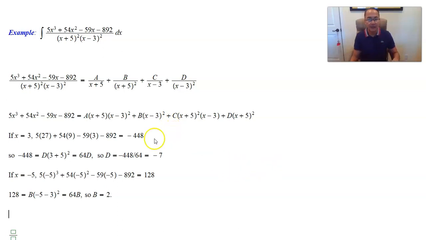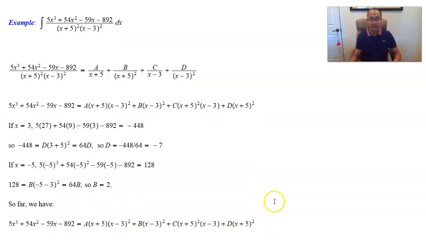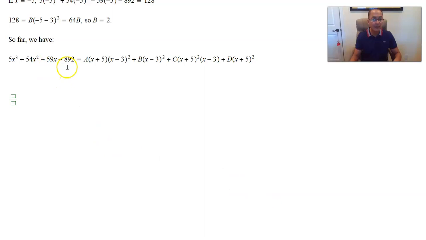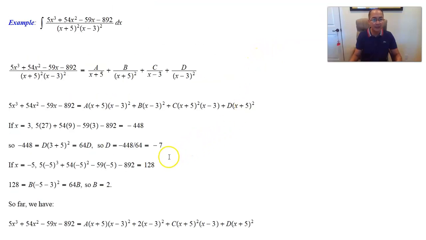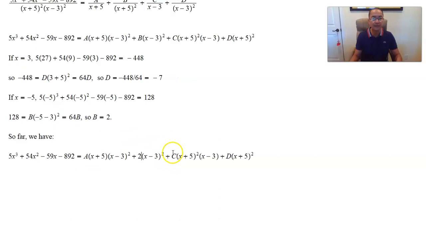Okay, so let's do what we have so far. So far, we have, copy, and B is 2, so that is a plus 2. And D, what was D again? It was minus 7.